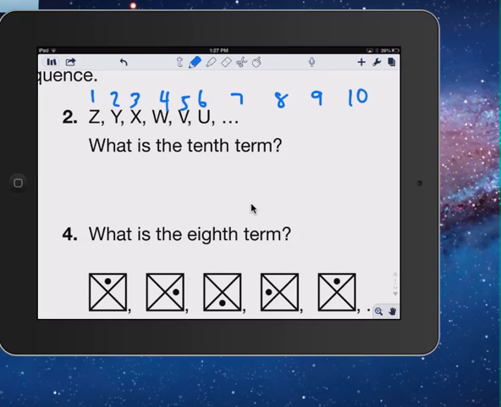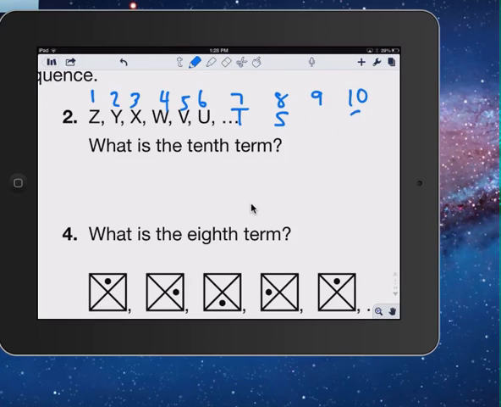What is the 10th term? Q, R, S, T, U. Sorry. Is it Q, R, S, T? It's QRST.